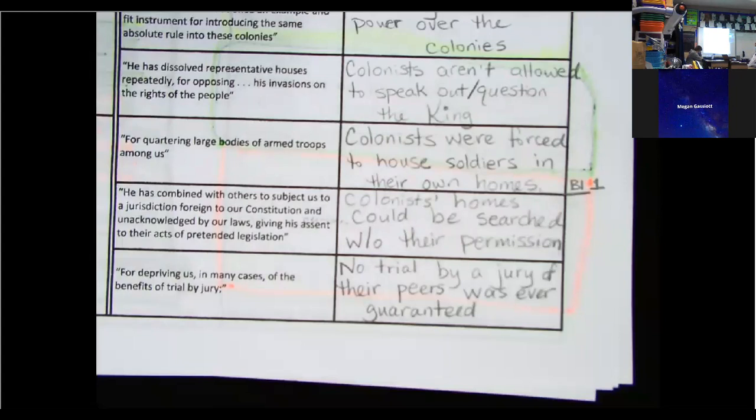Someone who is virtual told me he did his work ahead of time, and he told me that quartering large bodies of armed troops meant to chop up large soldiers. Oh, no, I didn't want to say. Okay, so see that picture of the soldier on the board? My soldier, my 6'2" soldier. Let's not be thinking about chopping up my son, okay?